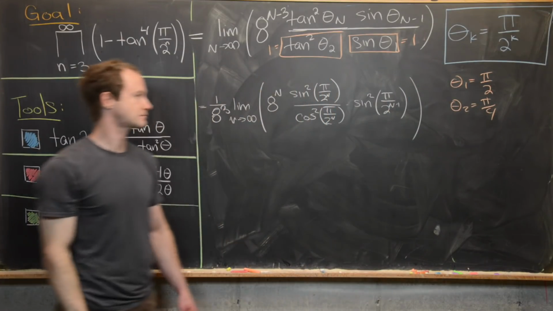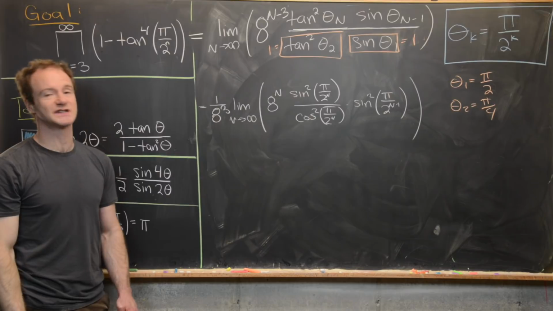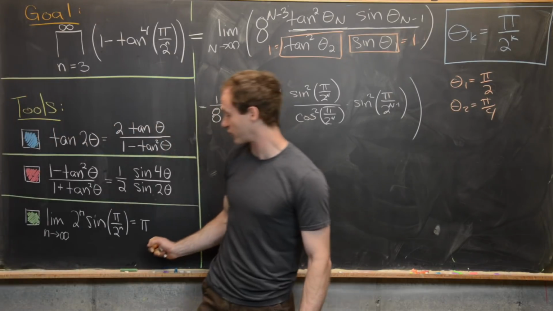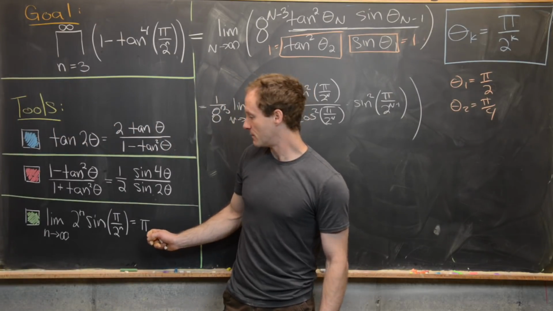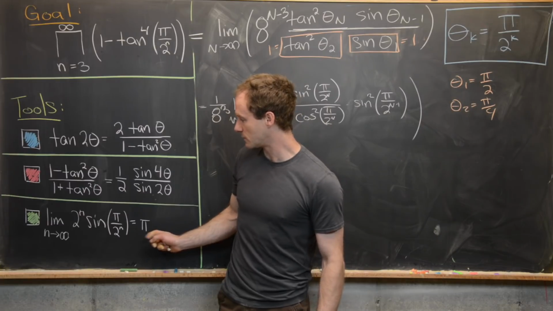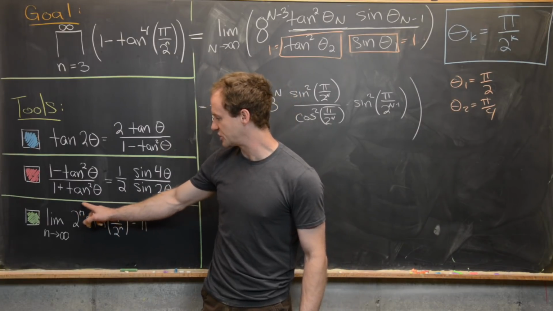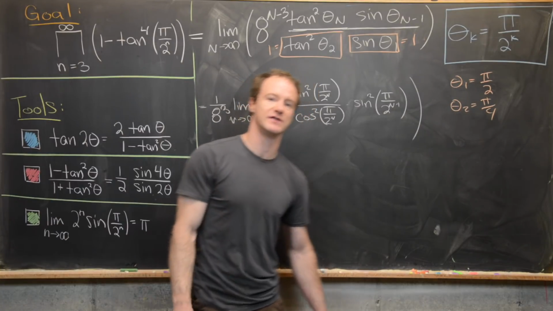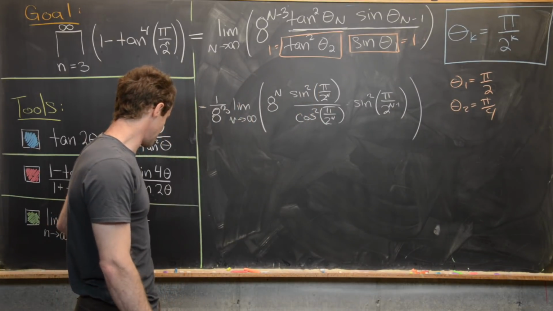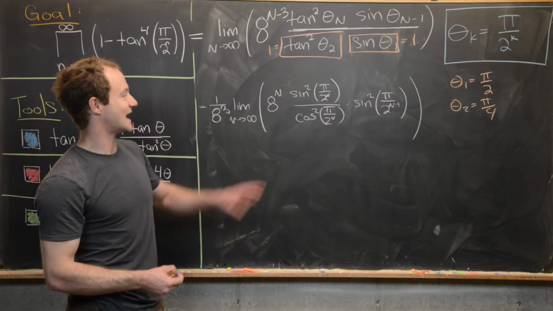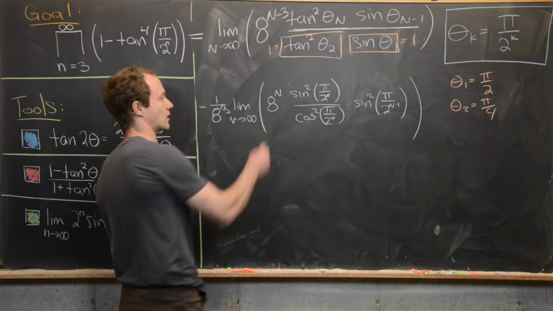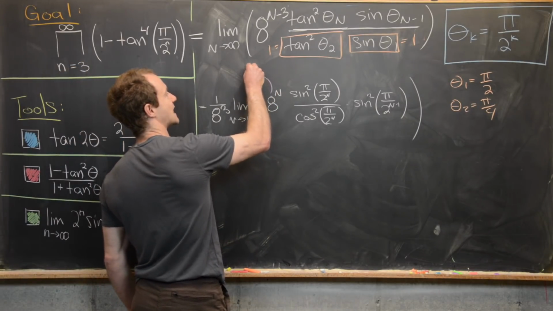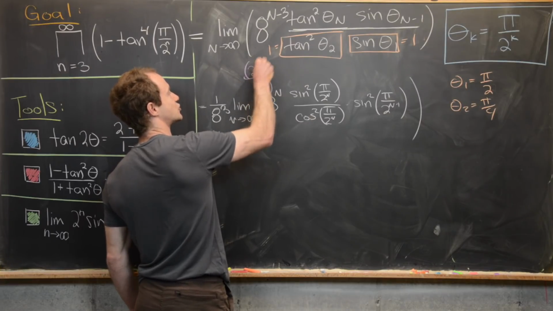Good. Now notice I've got a limit which is composed of parts that look like my third tool here. But in order to use this third tool, I need this exponent of the 2 that's outside of the sine to be exactly the same as the exponent of the 2 that is inside the sine. And so I can tweak this 8 to the n to make that work. So notice I can rewrite this as 2 to the n squared.